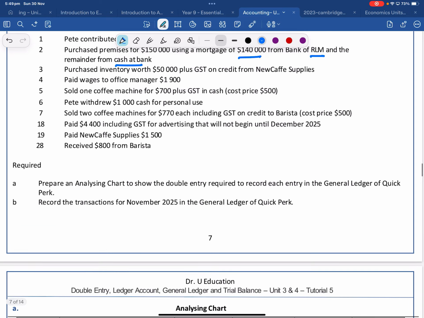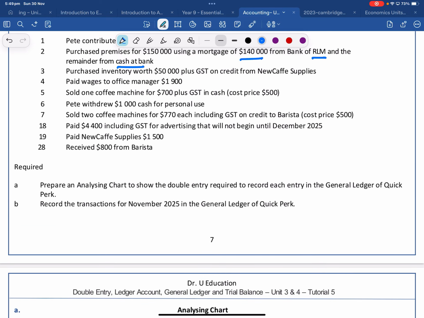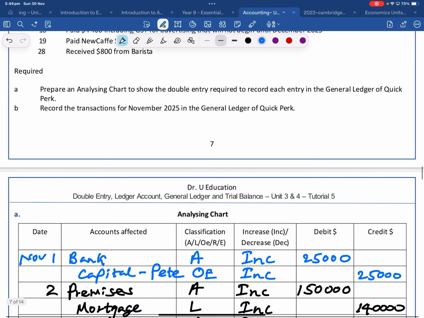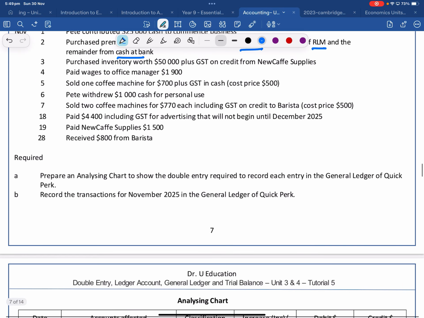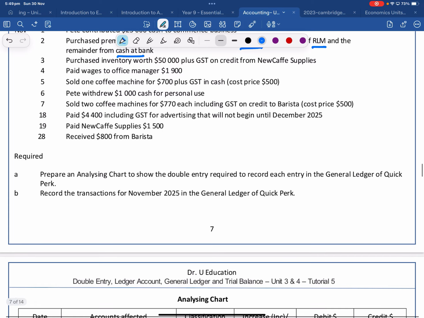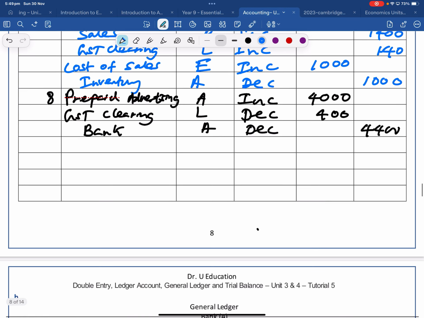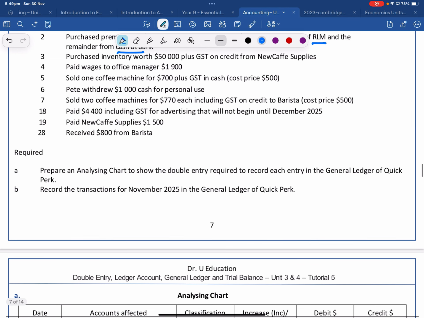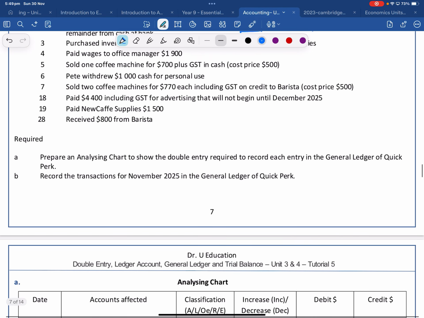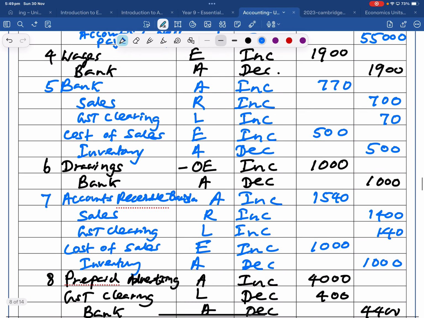Second last one, paid new cafe supplies 1,500. What's the double entry, guys? Yes, accounts payable. What is that date? 19. Earlier I think my date was wrong. It was not 8th. I think I recorded as 8.